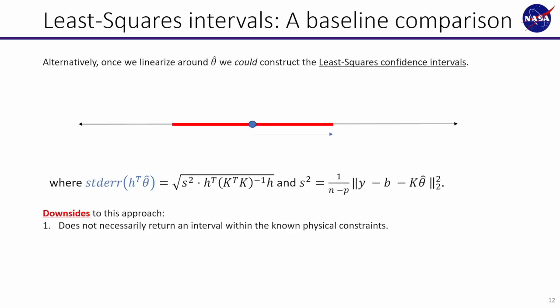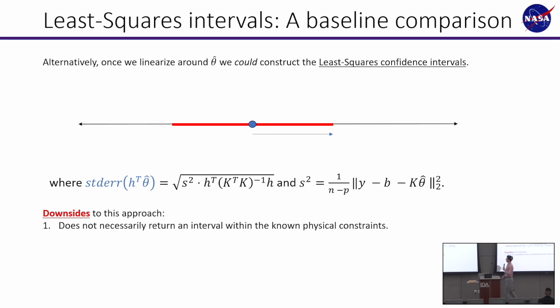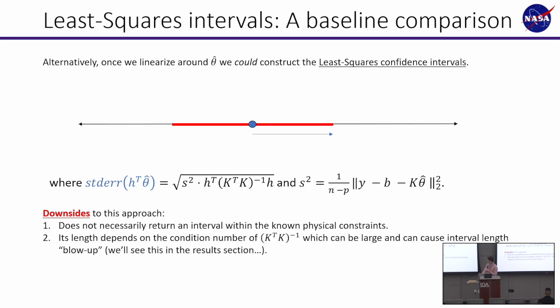Okay, so just to briefly describe our baseline, we're going to use this least squares interval as a baseline. And this follows the somewhat traditional approach, I think, in statistics of obtaining an estimator and then somehow saying something about the variability of that estimator to give a confidence interval on the estimate. But there are a few downsides here, which is that we do not necessarily return an interval with known physical constraints.